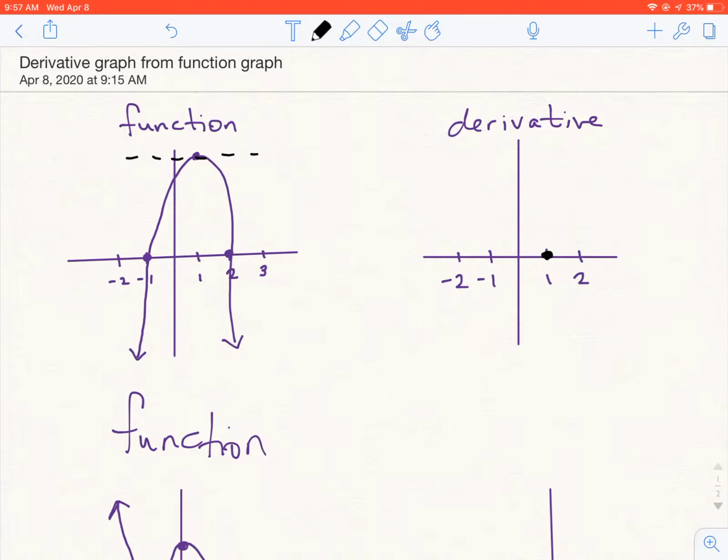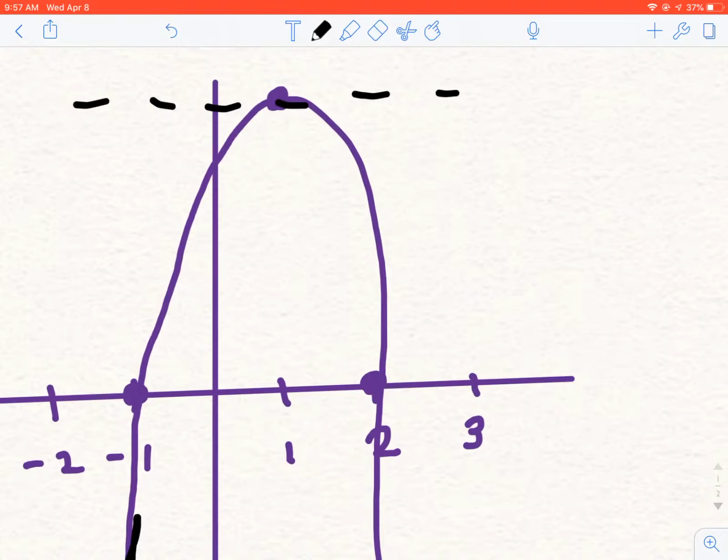Okay? Now I'm going to look at the edges here. If I draw that tangent line, which is not a very good tangent line, but pretend it's tangent, it looks like it's positive, and pretty large positive. And then as I get closer here, this is still positive, but not so steep, so it's getting smaller positive.